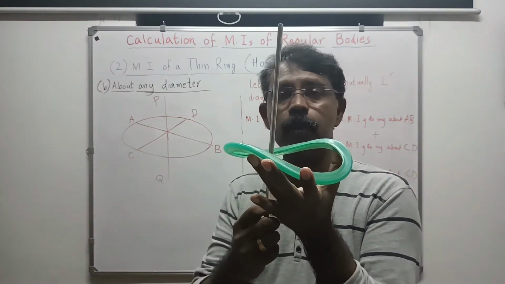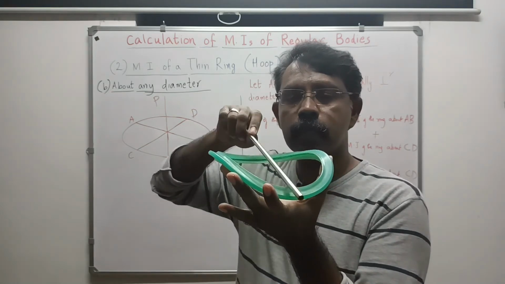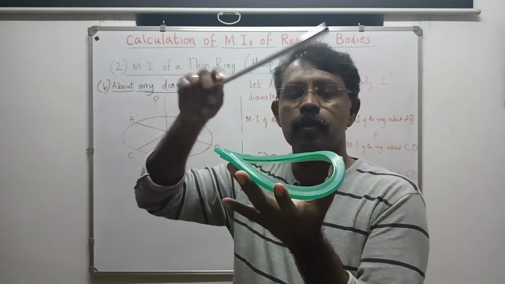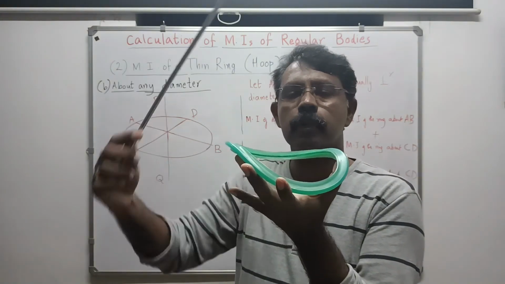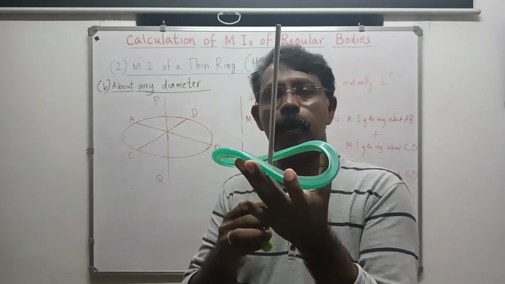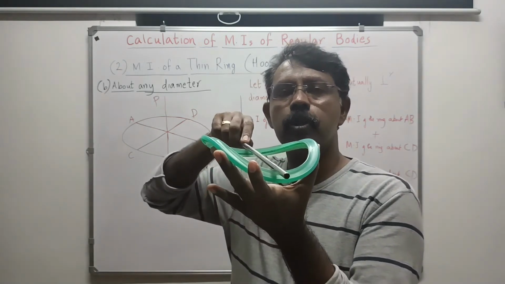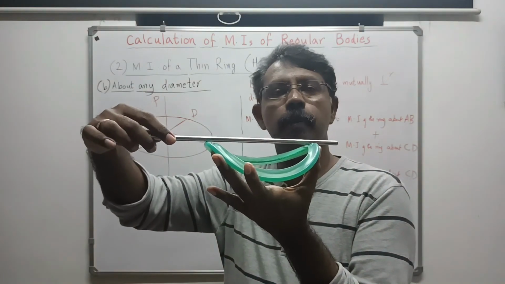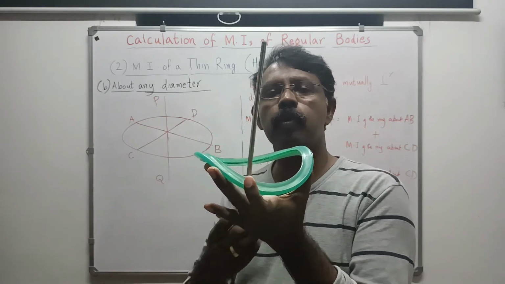Earlier it was perpendicular to the ring, passing through the center. Now we have two diameters, one like this, one like this. So the moment of inertia about this plus the moment of inertia about this will give you the moment of inertia about this. We already studied this to be MR squared. About this will be MR squared by 2, about this will be MR squared by 2. MR squared by 2 plus MR squared by 2 will give you MR squared.